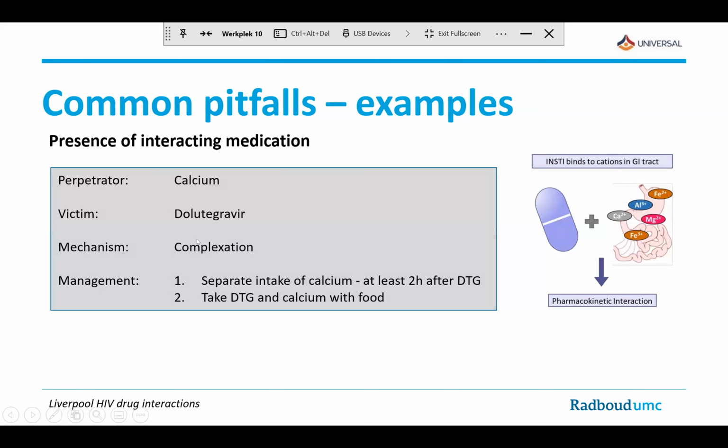For example, dolutegravir, a drug most of you know, I think, is influenced. The absorption can be influenced by calcium due to complexation. But we know that when we take both the calcium and the dolutegravir together, not separately, you can overcome that interaction. So that's something you always have to find out before you do the study.